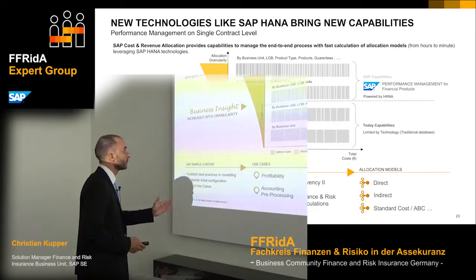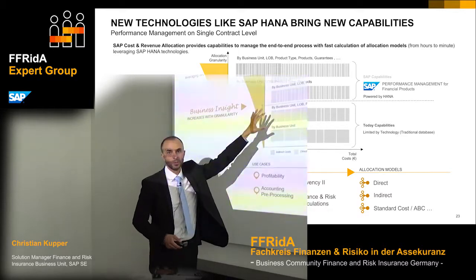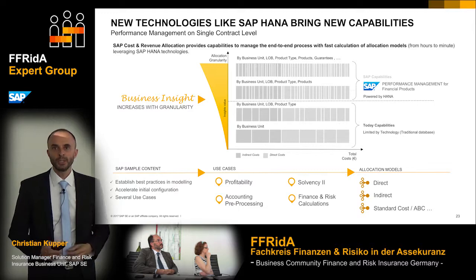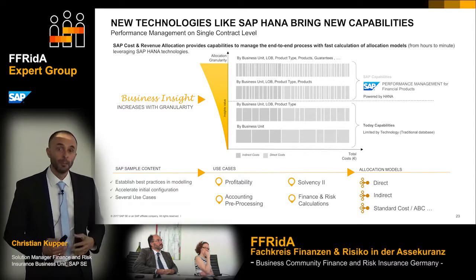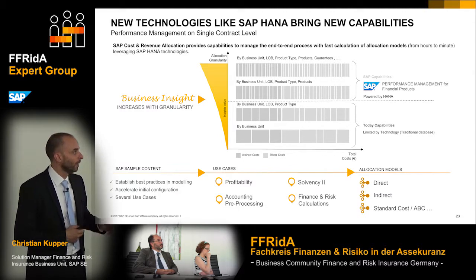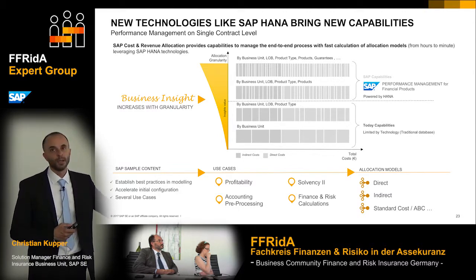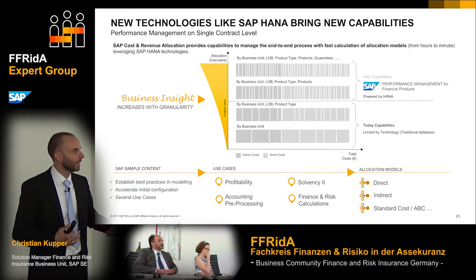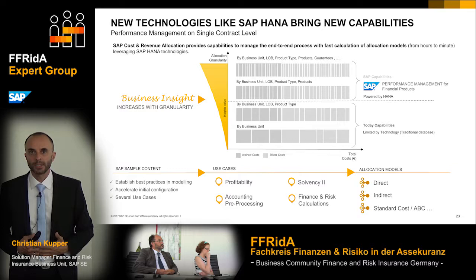Basically, taking the assumptions, you get better insights if you use a more granular way. And that was the first use case, cost and revenue allocation. Meanwhile, we have used the same framework, which is very flexible, for additional things like Solvency Pillar 1 calculation. So it can be used for any type of finance and risk calculations.